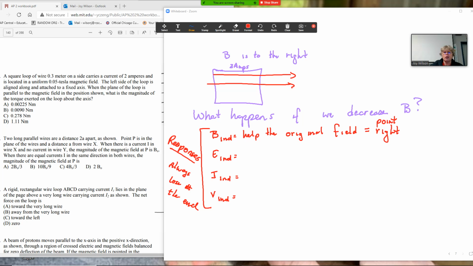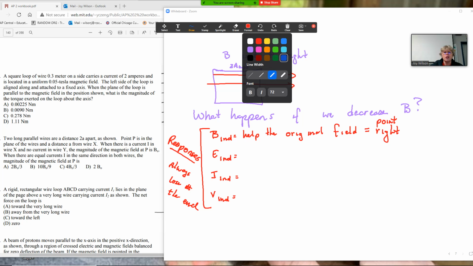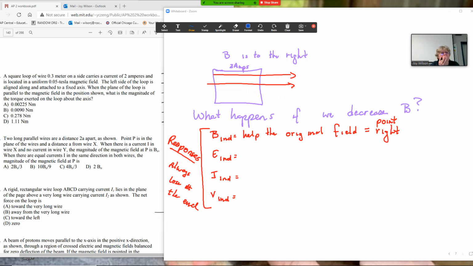Okay, so that's what our induced electric field is. So now we have to ask ourselves, in this wire, which way would the electric field go? Well, in the picture they showed the current going like this. So I need an induced electric field that will make the current go in the direction, this is clockwise, so the induced current is going to also, what's happening?